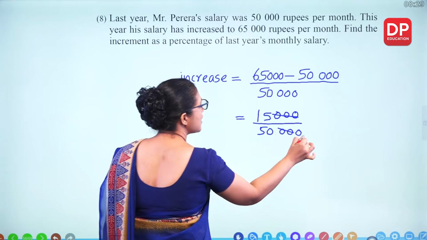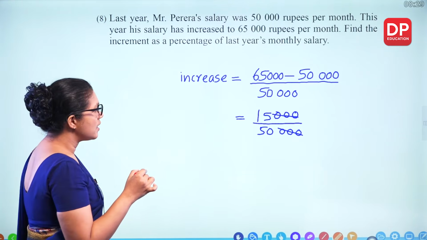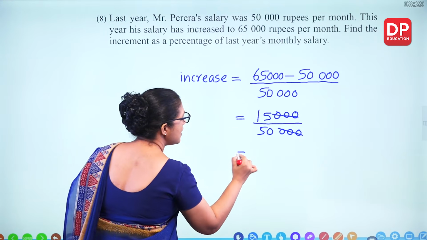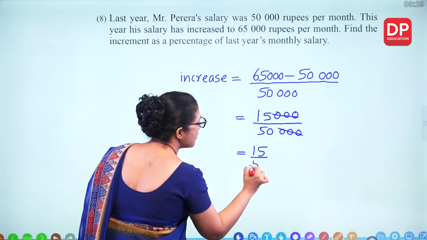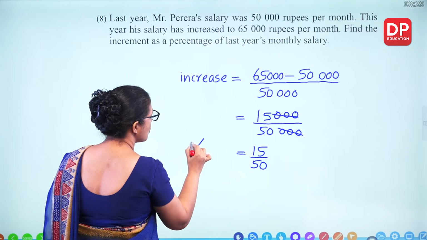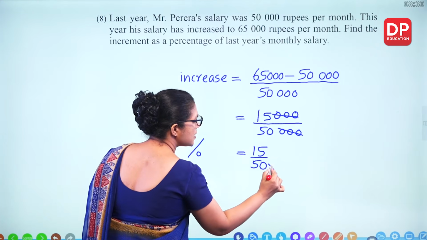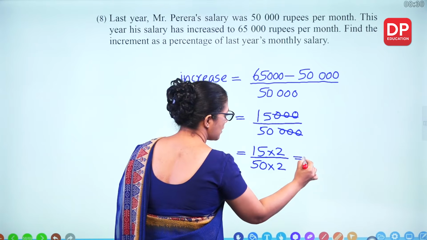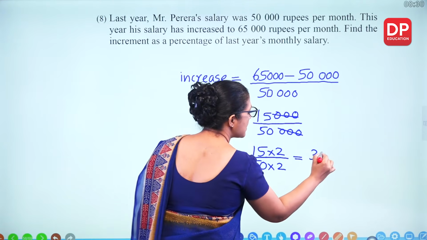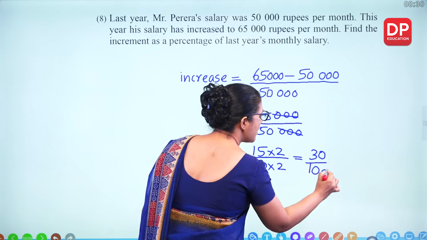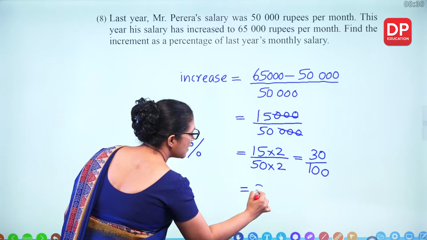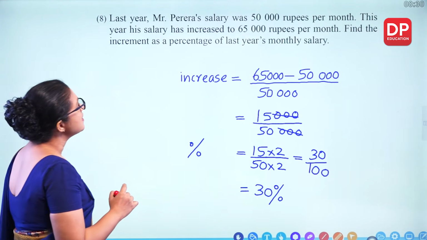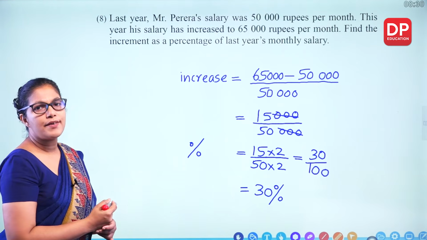So 3 zeros get cancelled out, divide by 1,000 and you get 15 over 50. It's easy to convert to 100 now as a percentage. You can multiply this by 2. You don't need to simplify the fraction. 15 times 2 is 30. 30 over 100. That means 30%. 30% increase in his salary.